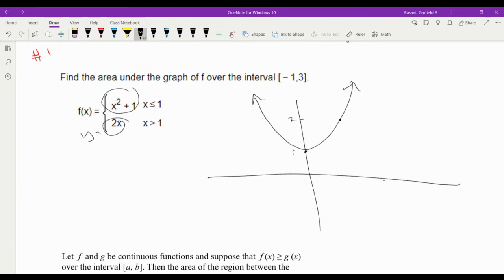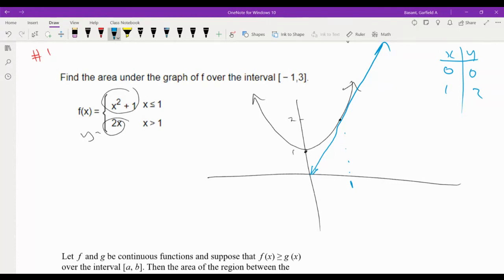Let's use a different color here. It looks like this. To sketch a line, all I'm doing is plugging in points. When x is equal to 0, y is equal to 0. When x is equal to 1, y is equal to 2. So here's my curve and line combined.